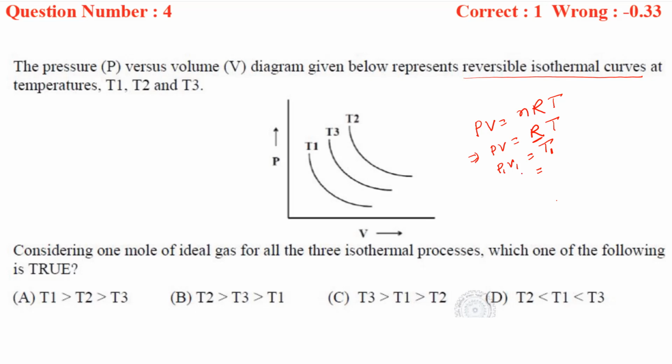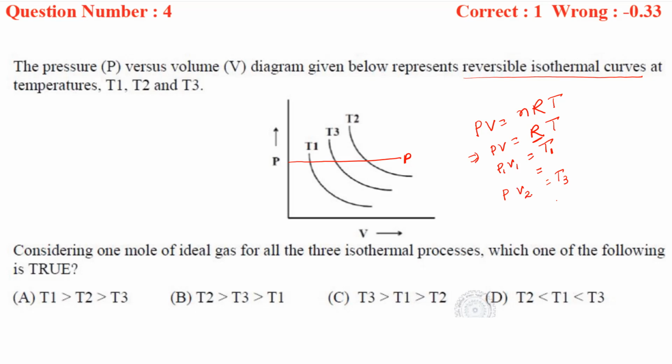If you keep one factor constant, suppose I am keeping the pressure constant to understand the diagram, then when P is constant and the temperature increases, say from the first temperature T1 to a second temperature T3, then the volume is increasing.